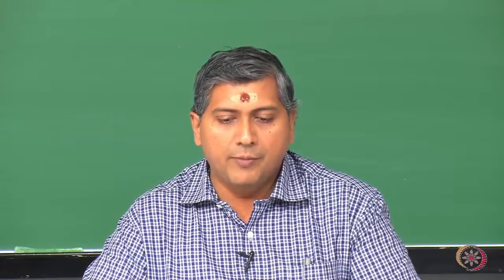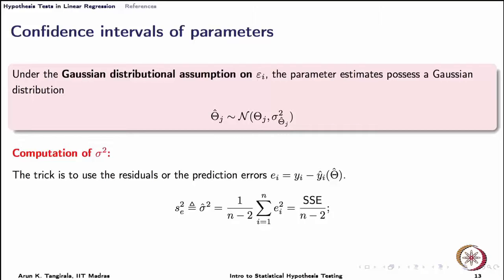If epsilons are Gaussian distributed, then regardless of the sample size, theta hat follows a Gaussian distribution. If epsilons are non-Gaussian distributed, then only for large sample sizes will theta hat tend to have a Gaussian distribution. We will assume that epsilons are Gaussian, like the standard one, because the goal here is to show how hypothesis tests are conducted.